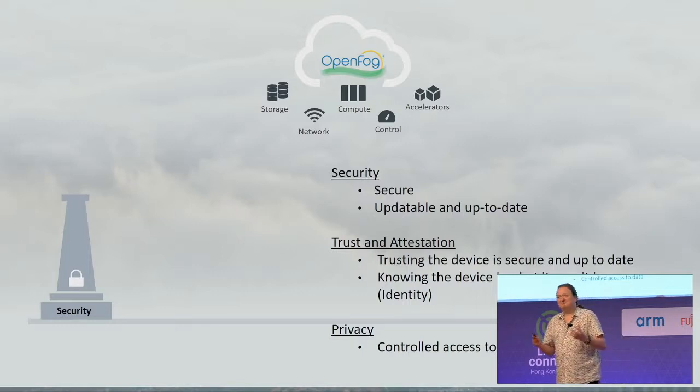So I think the move to fog also gives us a great opportunity to get some of our privacy back. Some of the IoT offerings that we've got at the moment are collecting wonderful amounts of data about our lives, but it's not necessarily held close enough to where that data is generated for my liking.